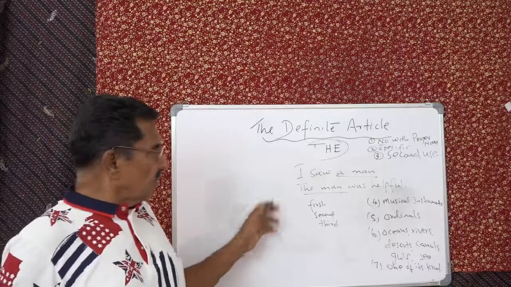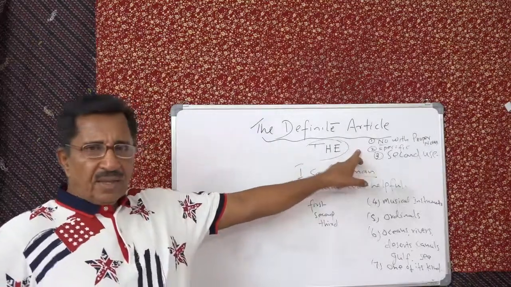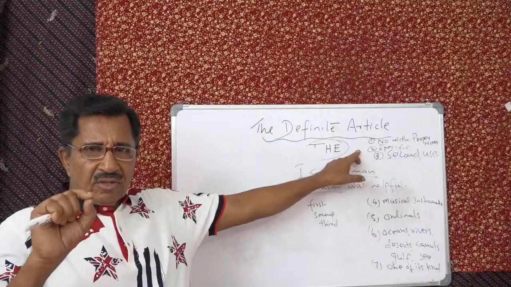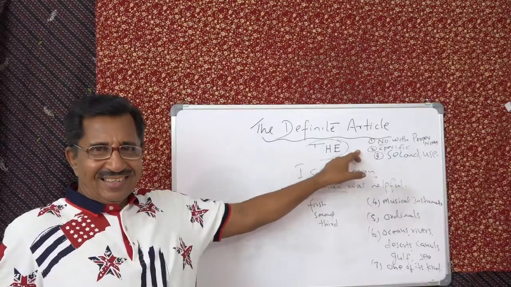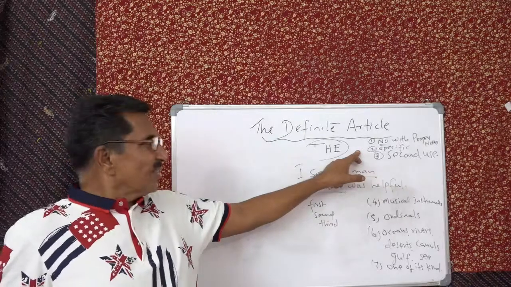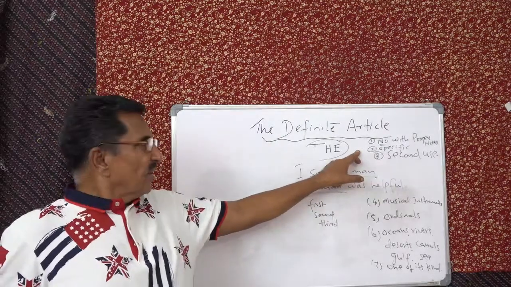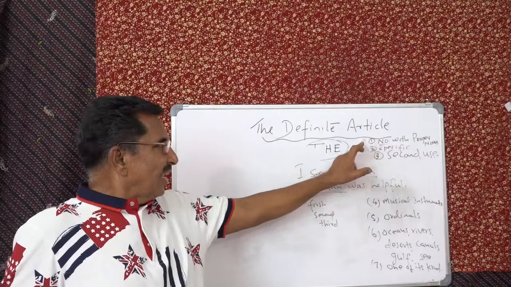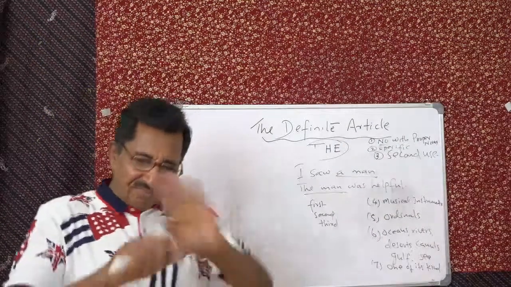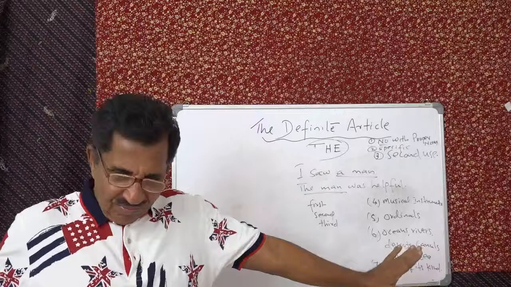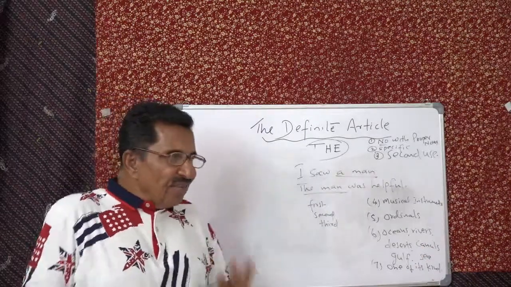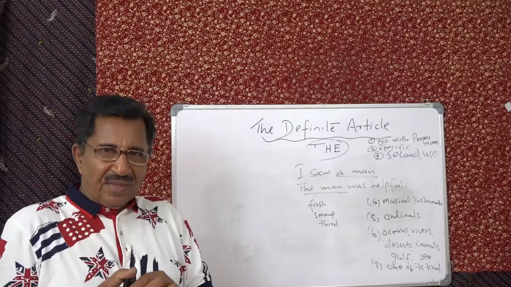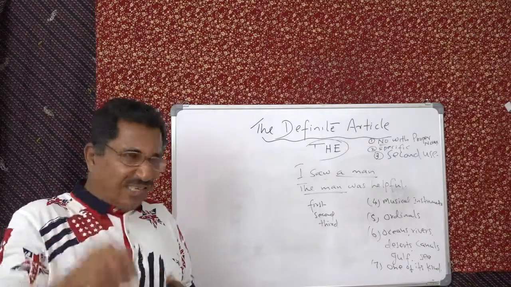Already I have told you, this discussion on the begins with the no. So you say, no the with proper nouns. Perfect. No question of using it with proper nouns. Then, anywhere you see something specific or special, use the.